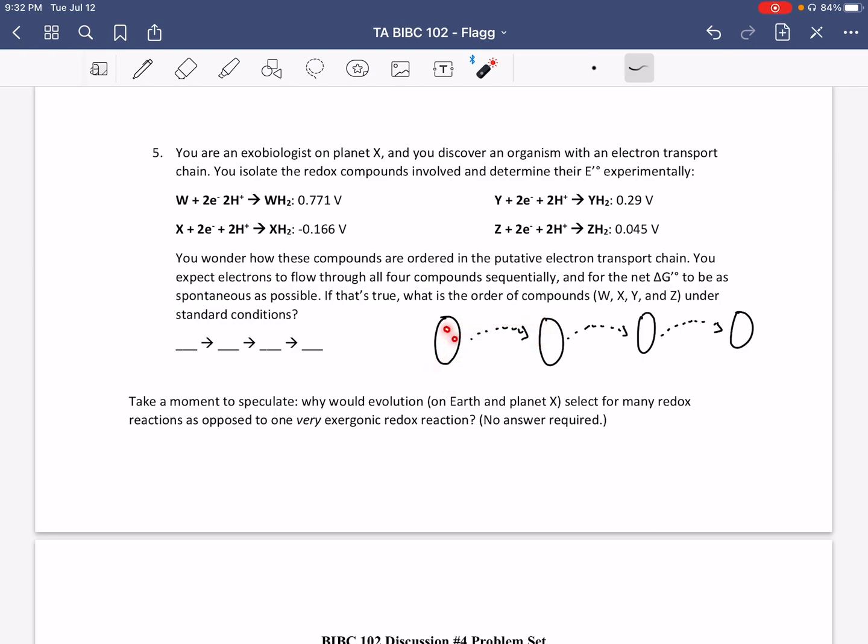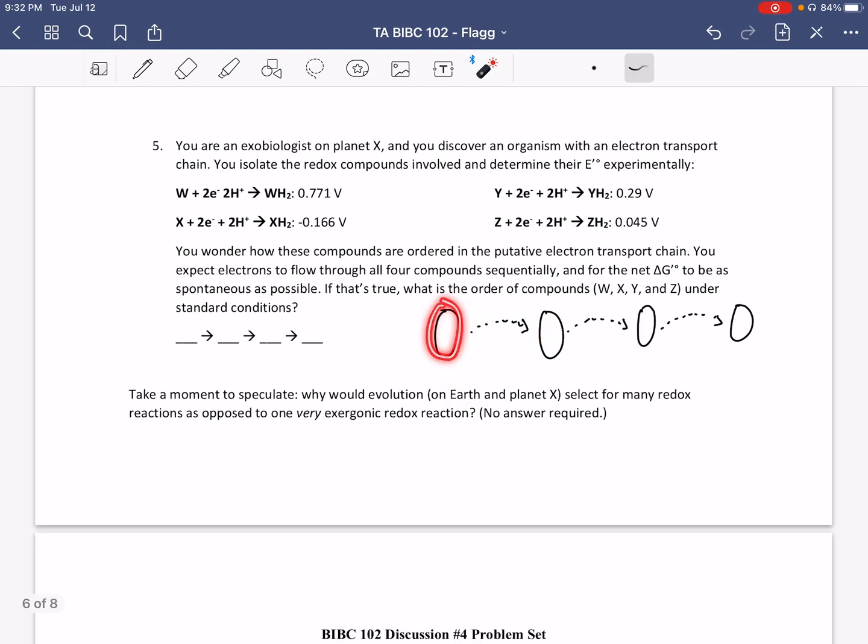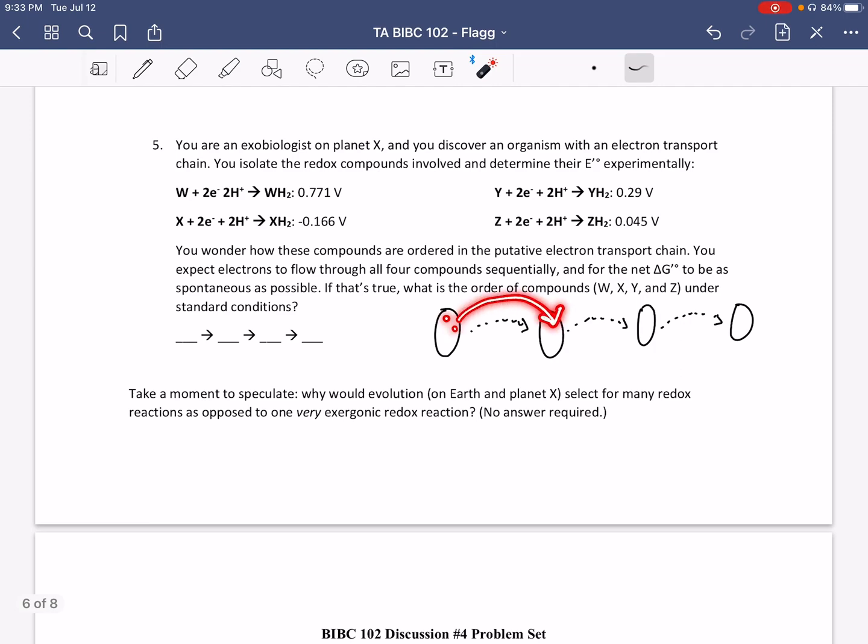They would want to stay here because this compound would want to be reduced, so it would keep its electrons. But this compound, as we see experimentally, gives its electrons to this one on the right, and by giving away its electrons, this compound itself is becoming oxidized, and in turn, it reduces this one.